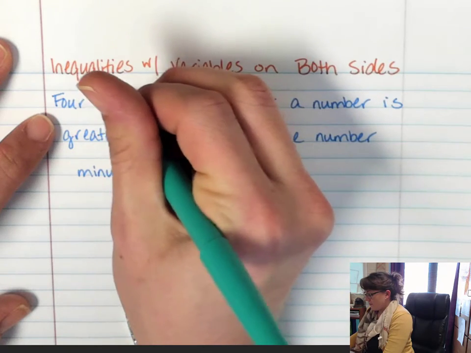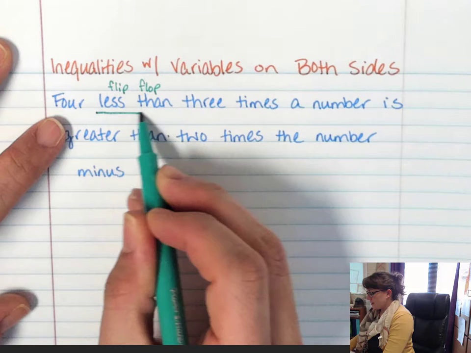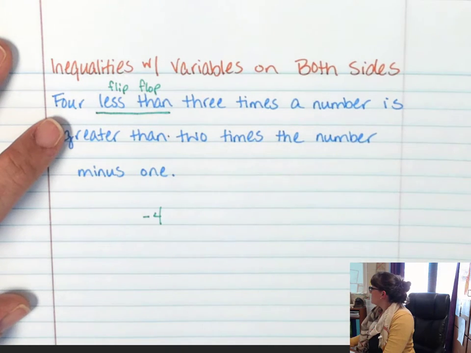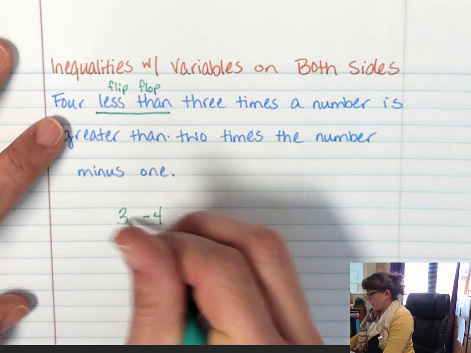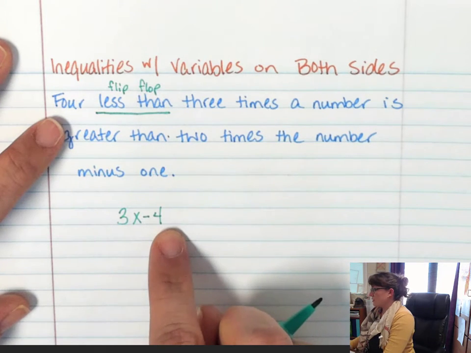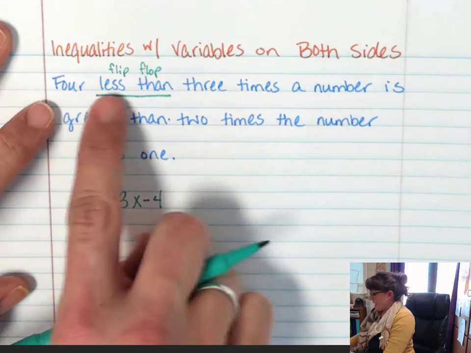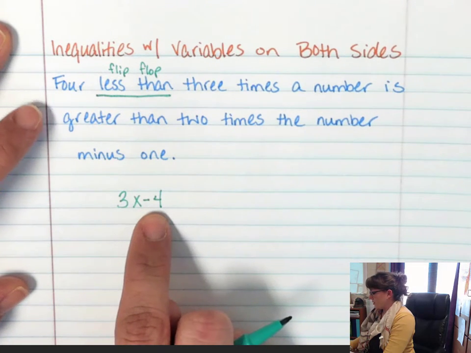So less than is flip flop, because when you write this, it's -4. Three times the number. So 3x minus 4. 4 less than 3 times the number is 3 times the number minus 4.